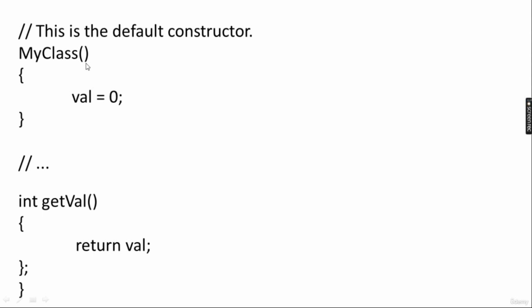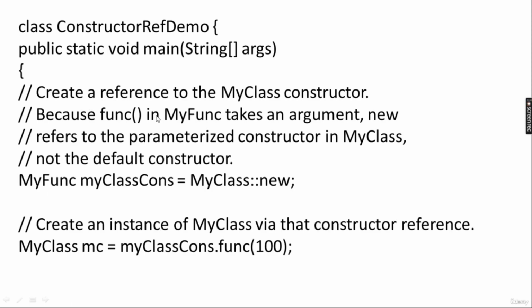So this is the default constructor. This does not match. This is the getValue method. So create a reference to the MyClass constructor. Okay, MyClass constructor reference, because func in the MyFunction functional interface takes an argument that is n.